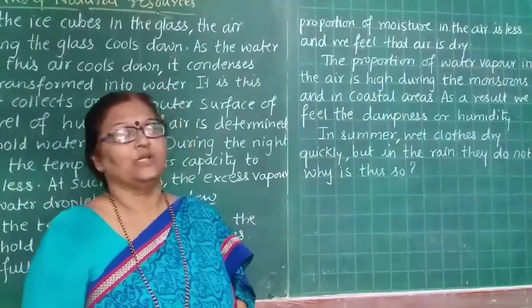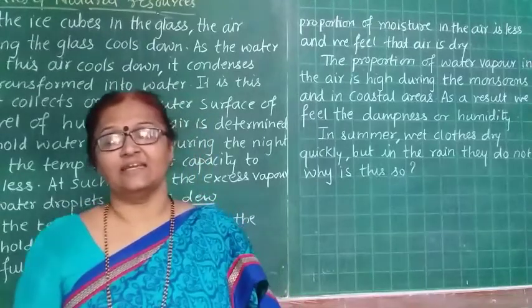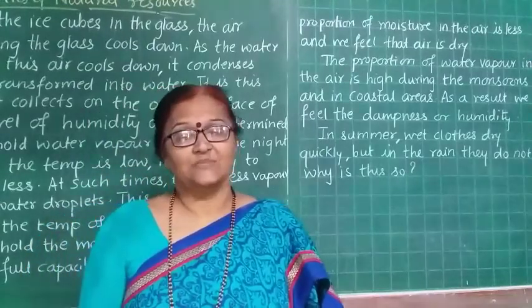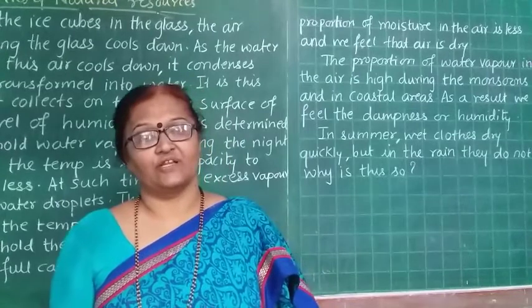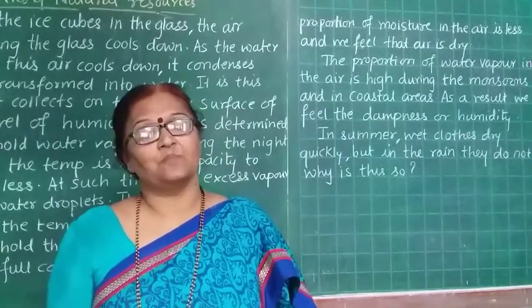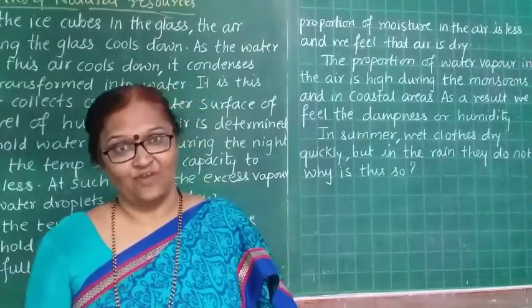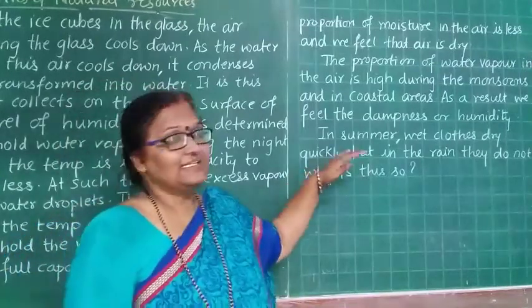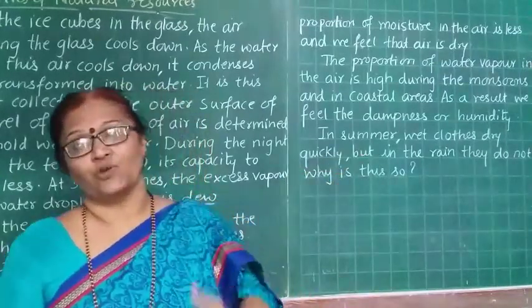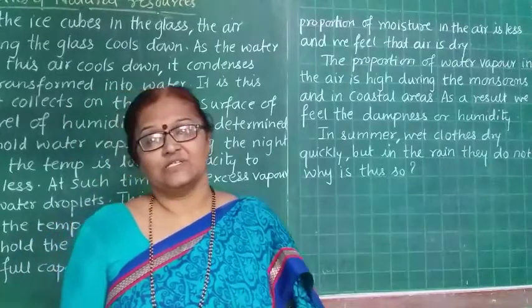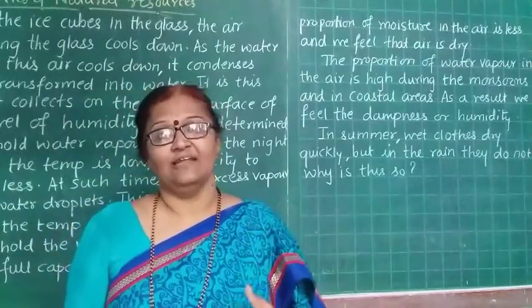Why is this so? In summer the atmosphere is dry, therefore the water vapor dries very fast, and in the rainy season the water vapors are more in the atmosphere, therefore the clothes are not dried very fast.